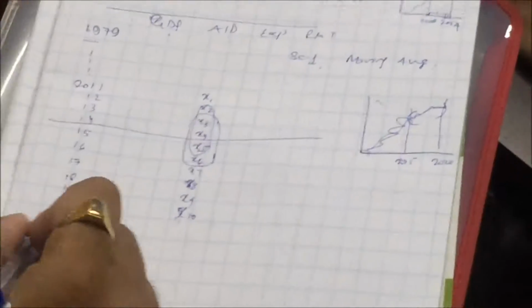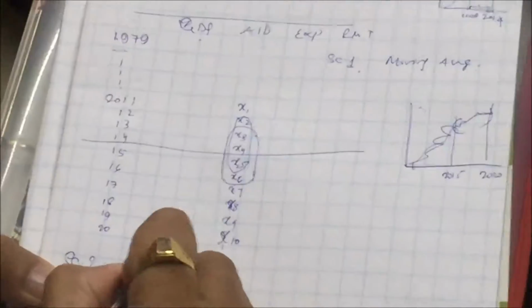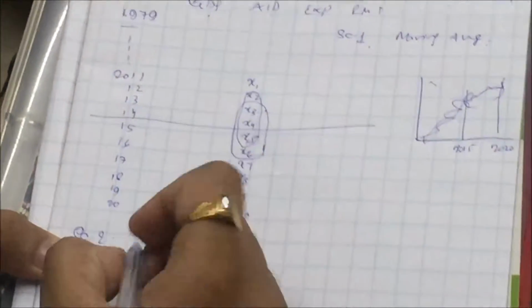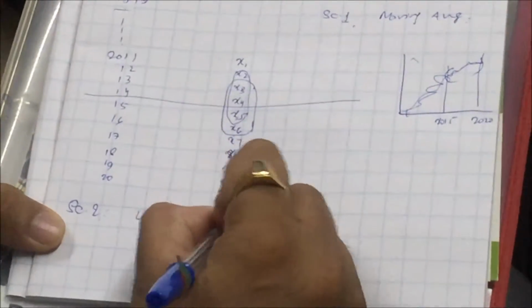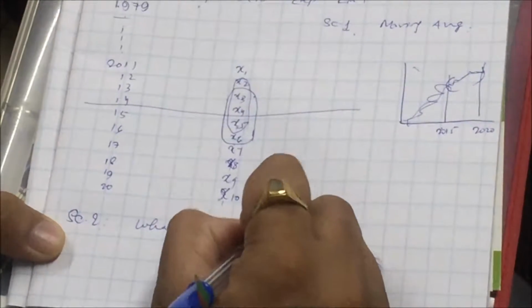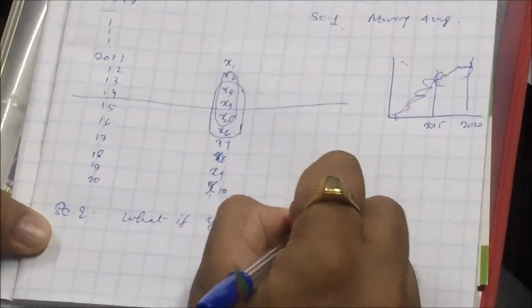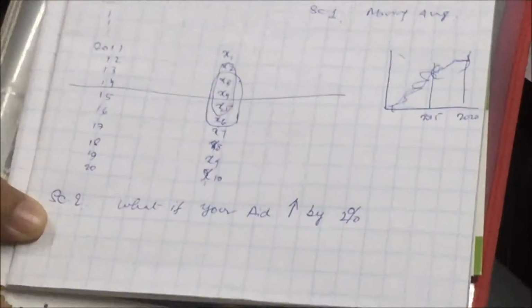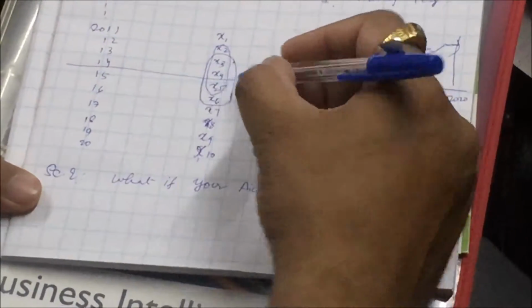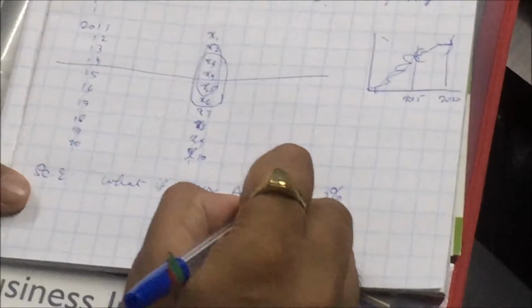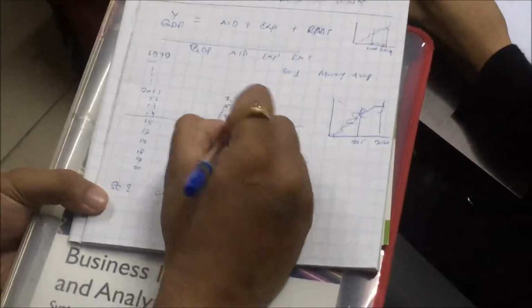So now scenario 2 says, what if your aid increases by 2%? What you are doing here is increasing it. Here you are multiplying this in the third sheet.